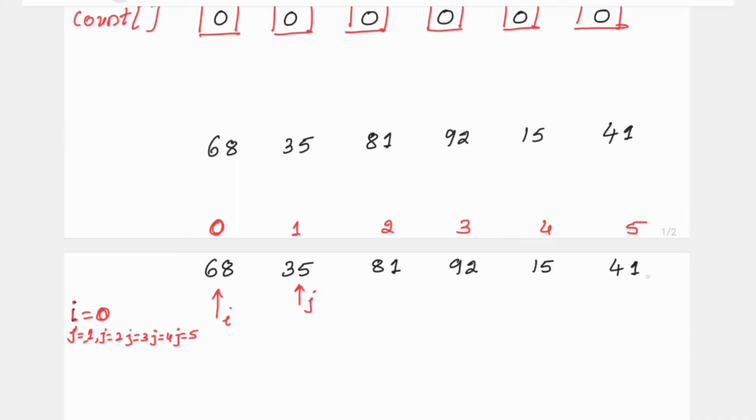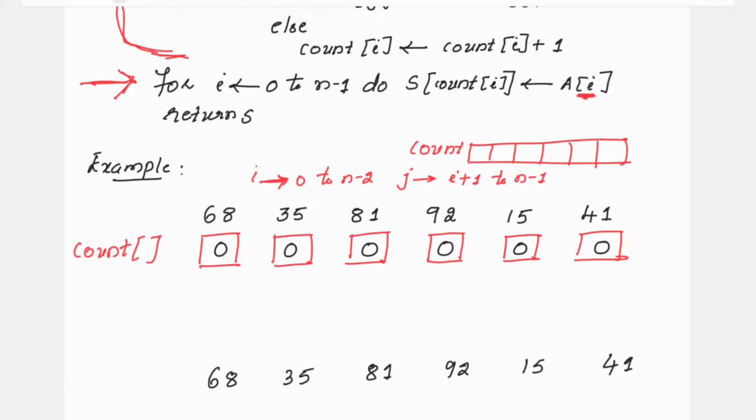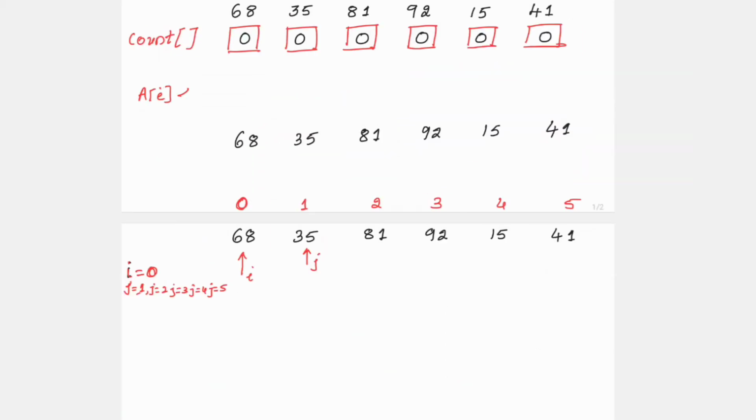So the comparison statement in the pseudocode is whether A of i is less than A of j. If A of i is less than A of j, then the count value for A of j will be incremented by 1. Otherwise the count value for A of i will be incremented.